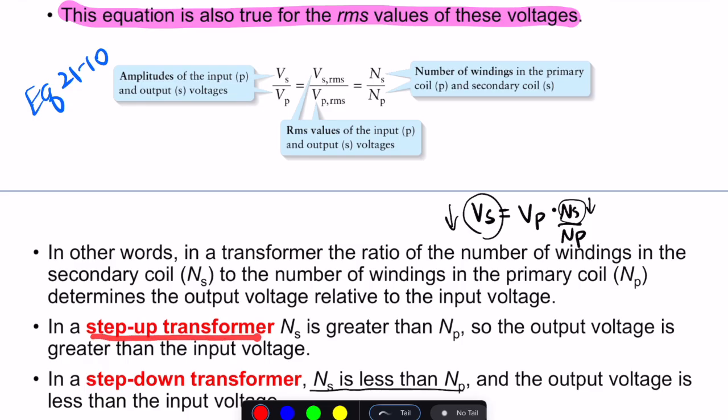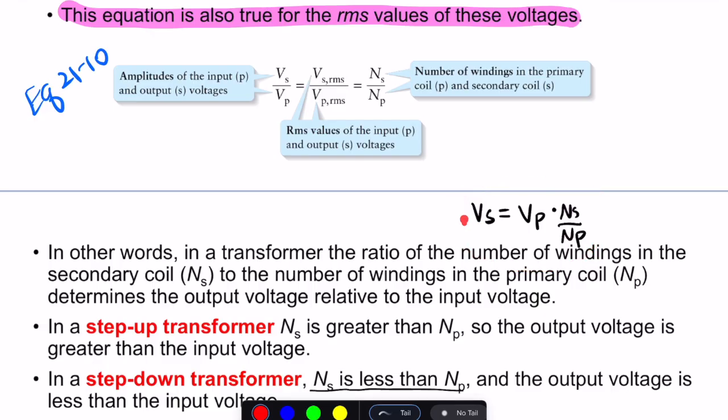In a step-up transformer, we need N of the secondary coil to be greater than N of the primary coil in order to get an output voltage that is greater than the input. So let's take a look here. What I've done is I've solved for the output voltage, the secondary voltage.